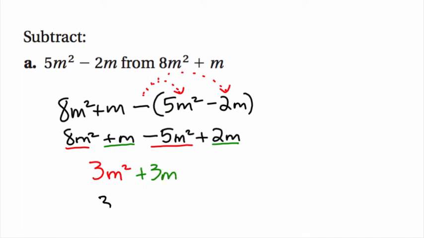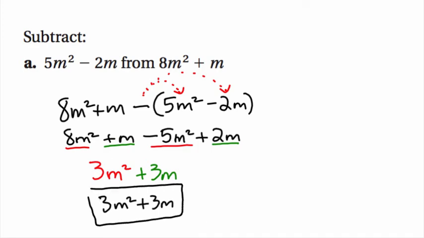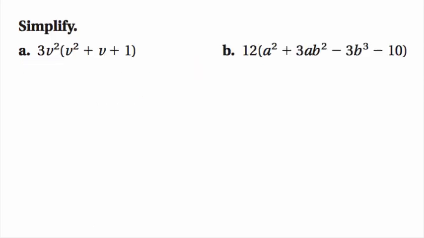So my final answer is 3m squared plus 3m. So that is how you subtract. Addition and subtraction are very similar, except you have to make sure that you distribute your minus sign and change the signs after. Other than that, they're almost identical.